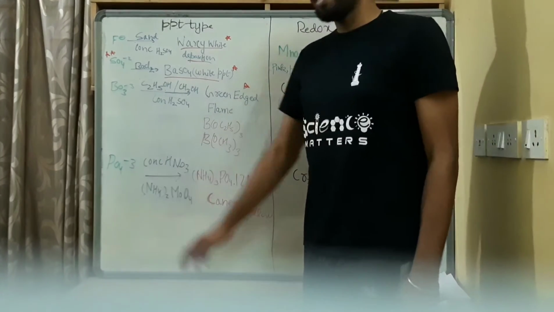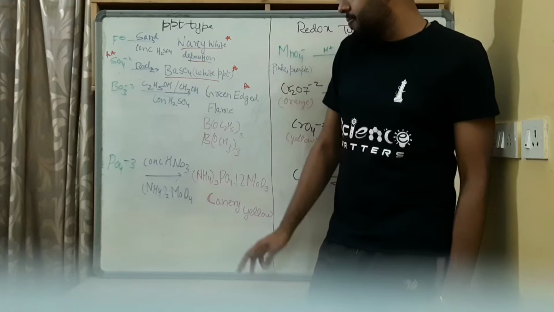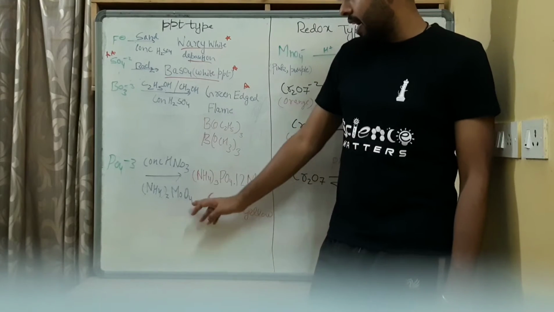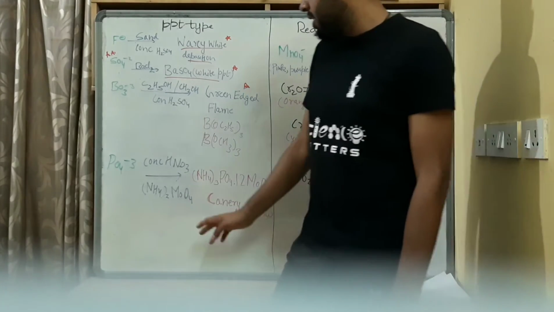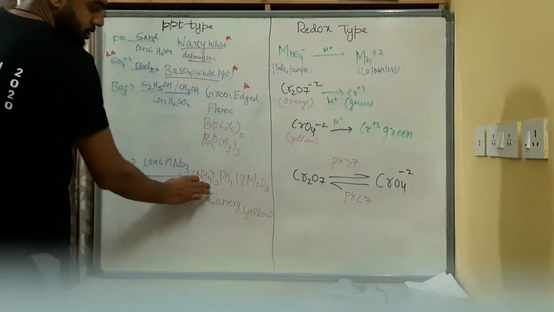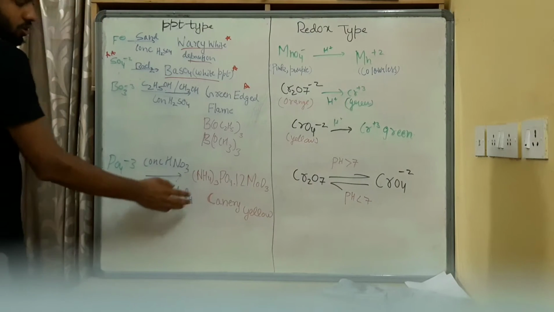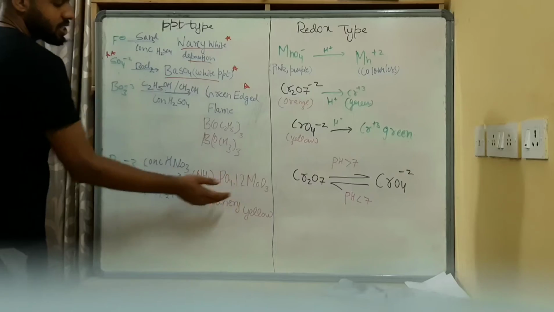And if you had a phosphate ion in your mixture, if you add concentrated nitric acid to it, and then add ammonium molybdate, (NH4)2MoO4, what you will have is ammonium phosphomolybdate, with 12 MoO3.